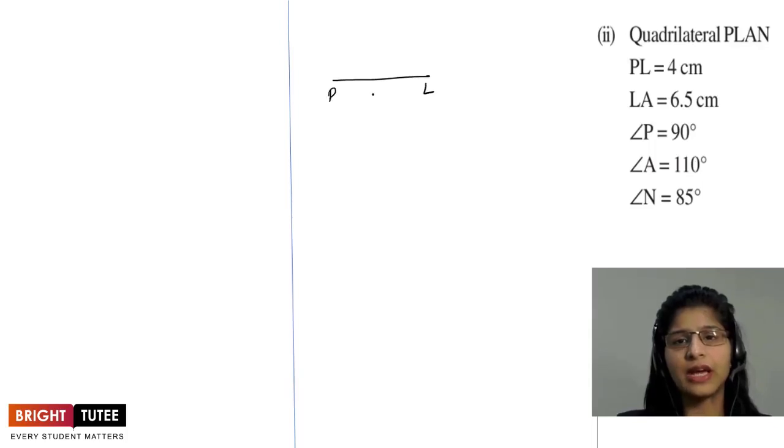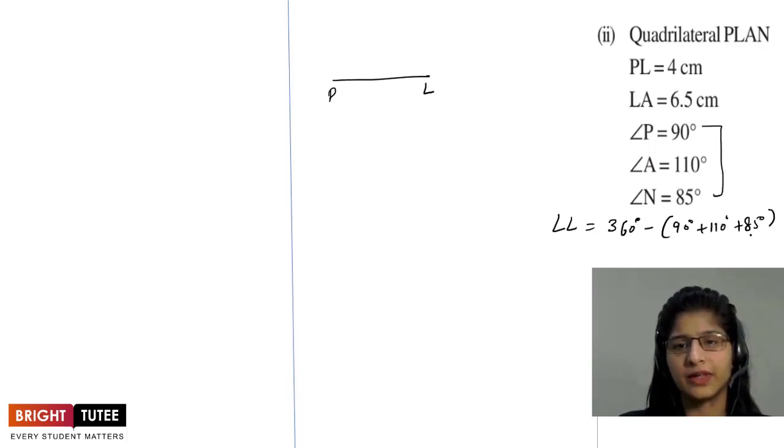We know the angle to be made at P, we don't know the angle to be made at L. So first of all, we must calculate the angle at L. If these are three angles, what is angle L then? Angle L will be 360 minus the sum of these angles, 90 degrees, 110 degrees, plus 85 degrees. This is what we need to do, right? Because we need angle L first.